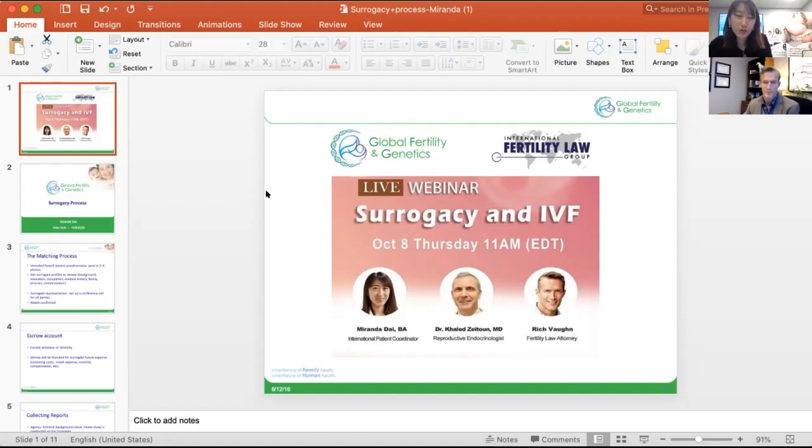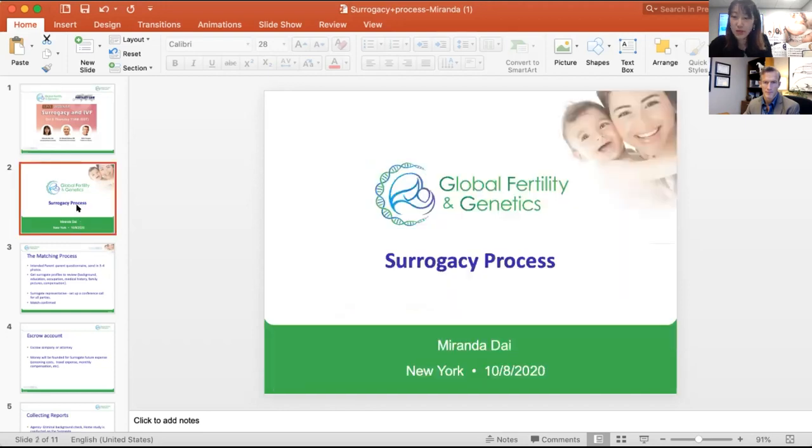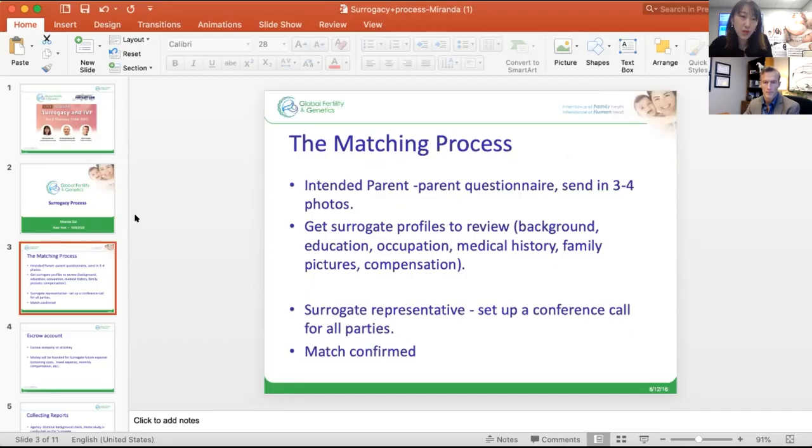Let me introduce the surrogacy process first. If intended parents would like to work with a surrogate, the first step is to match with your surrogate. Intended parents usually fill out a questionnaire and send 3 to 4 photos to the agency.